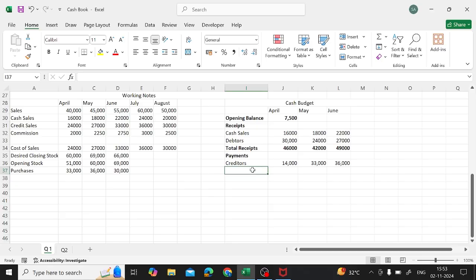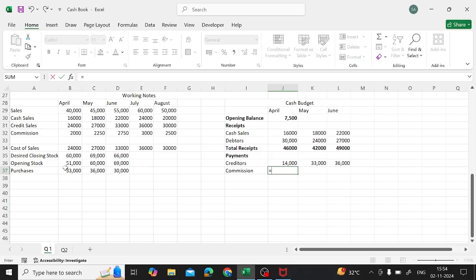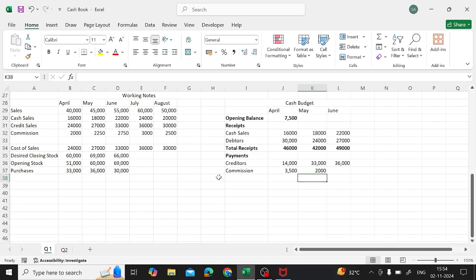Then we have commission. The commission is paid a month after it is earned. So in April, you make the payment of the commission for March, given as 3,500 outstanding at the beginning. In May, you pay the commission for April and so on.